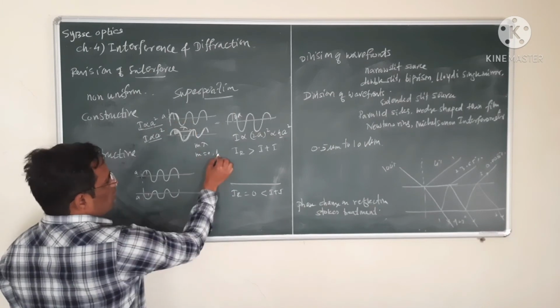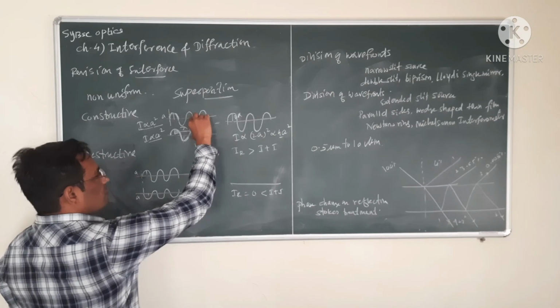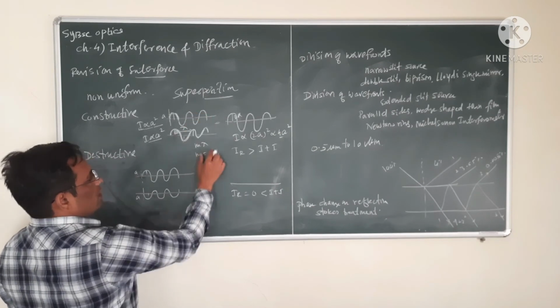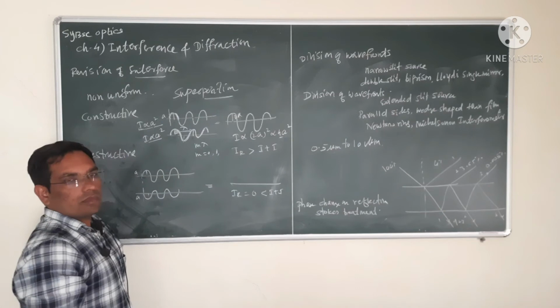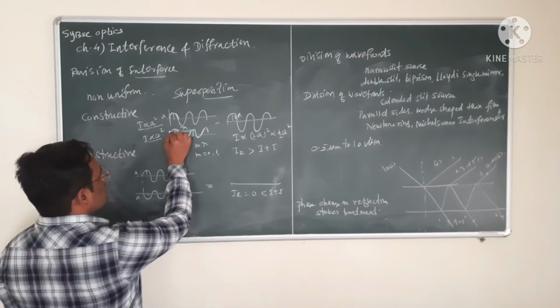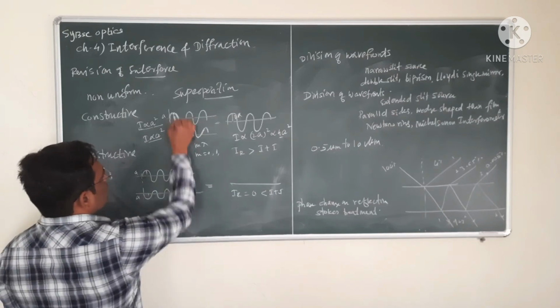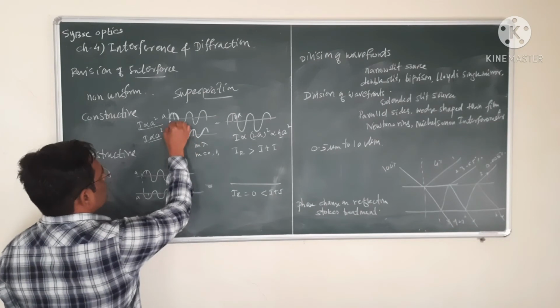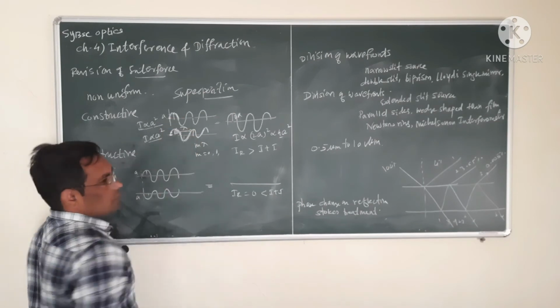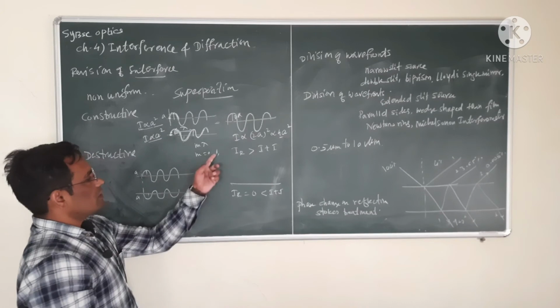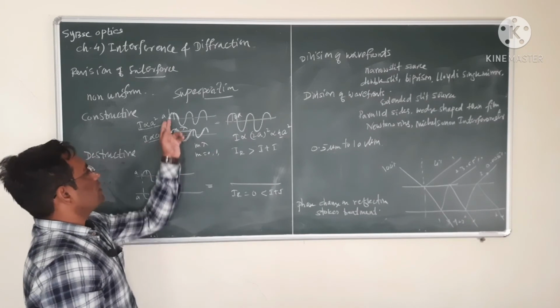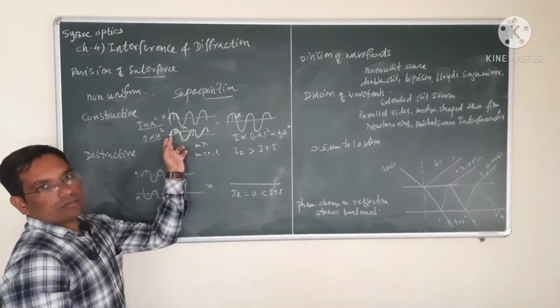If m is equal to 1, it means the path difference between these two is lambda. Okay, this is the phase. Initial phase, this is 0, this is 0. And the difference is lambda. It means again these two waves came in phase.